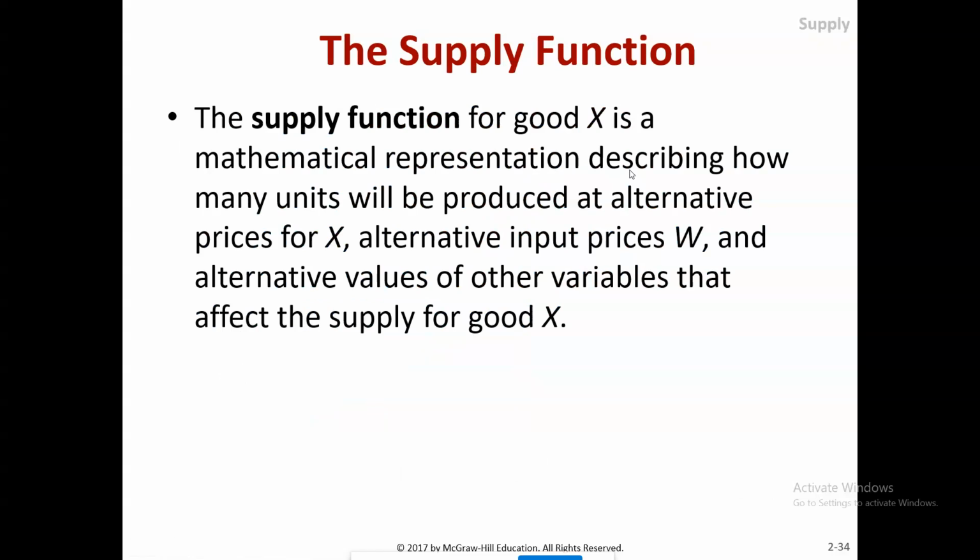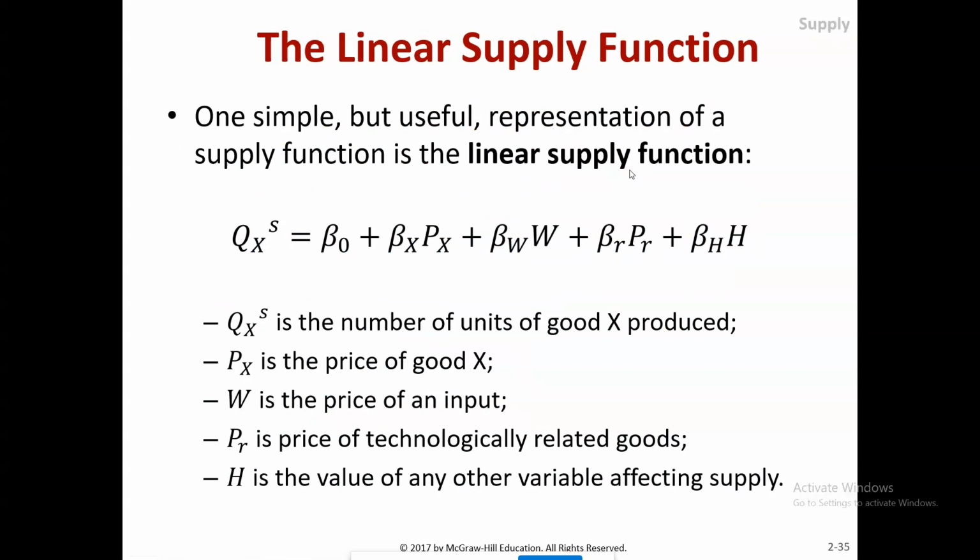Then the supply function is a mathematical expression of product X. X represents any product or service, describing how many units will be produced at alternative prices of X, and all the other influencing factors like input prices of W, and other variables that affect the supply.